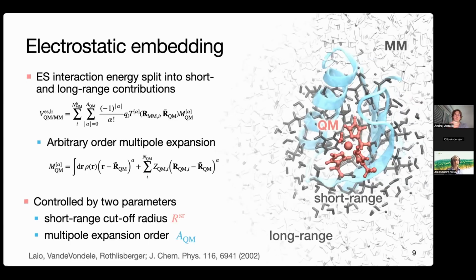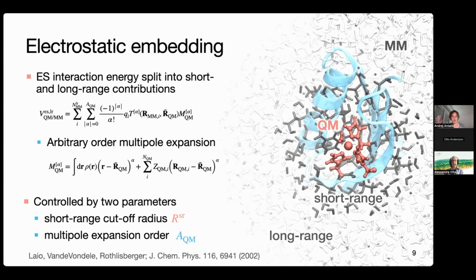So what we do in MiMiC is that we implement this generalized embedding scheme that was originally proposed by Laio and others in the early 2000s, where you split the atoms into two groups based on a distance criterion. So you have short-range atoms that interact explicitly with the charge density of the QM region, like we've seen in the previous slide.